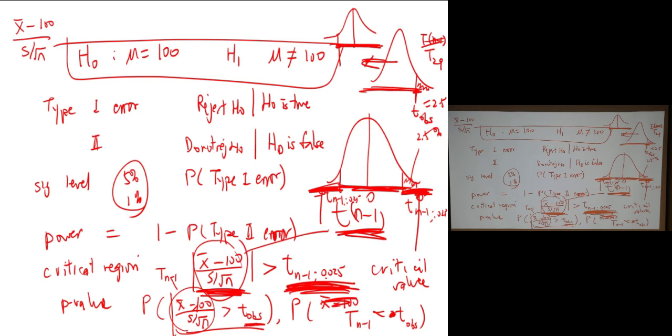On the other hand, if the chance of earning more than me is 90%, and earning less than me is 10%, then I'm poor because I'm in the bottom 10. So I have to choose the one with the minimum probability. Bigger than it, less than it, take the minimum one, and multiply by 2. That is the p-value. You need two sides, so you multiply by 2, in order to be consistent with the inference from the critical region approach.